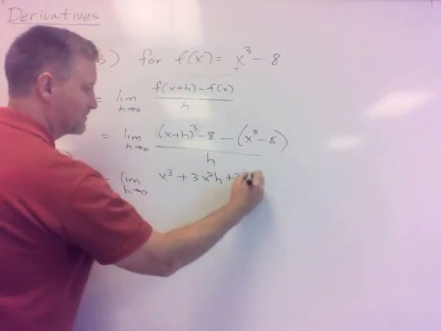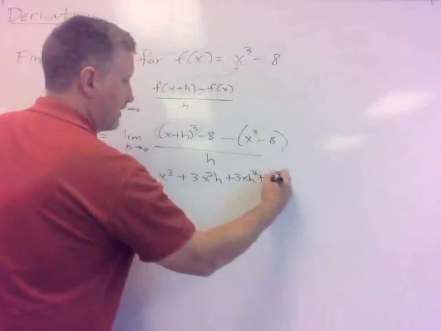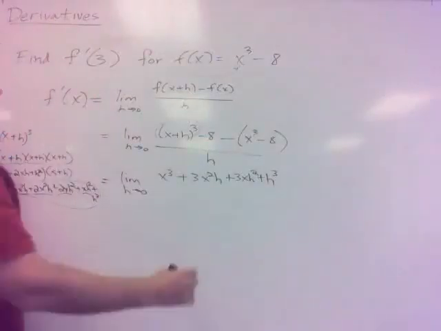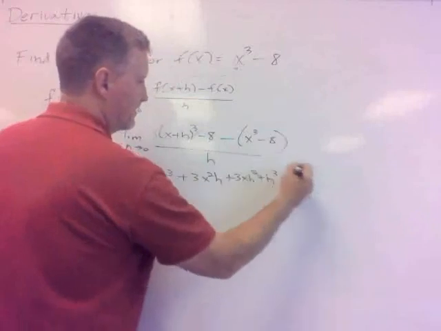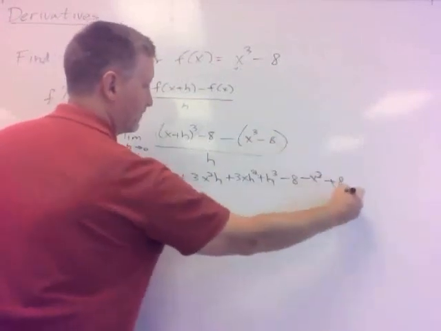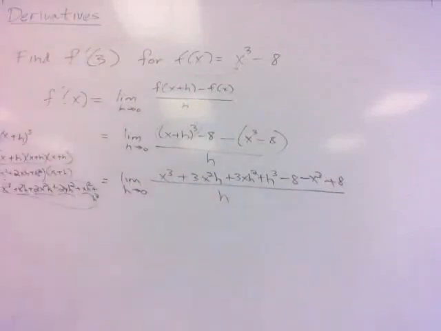Like terms there, right? And then h cubed. All that for x plus h cubed. Then I've got minus 8, then minus x cubed, and then minus 8 becomes plus 8. How's that sound? With me so far?